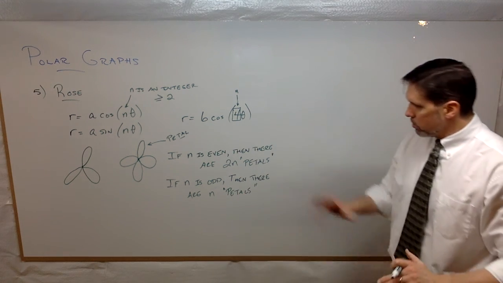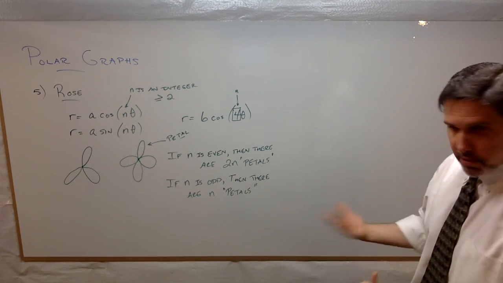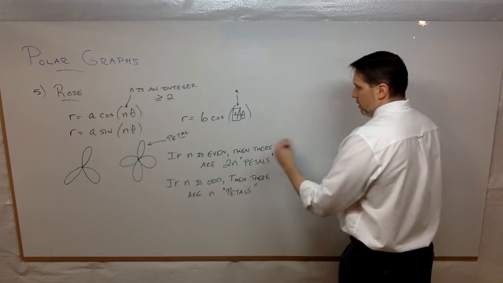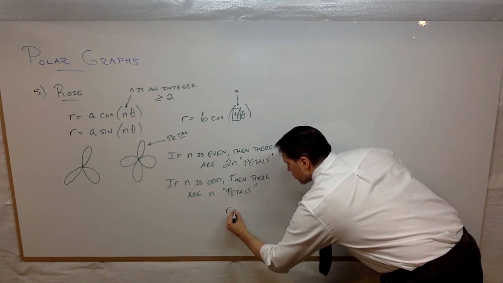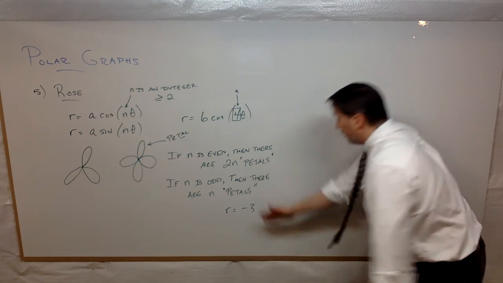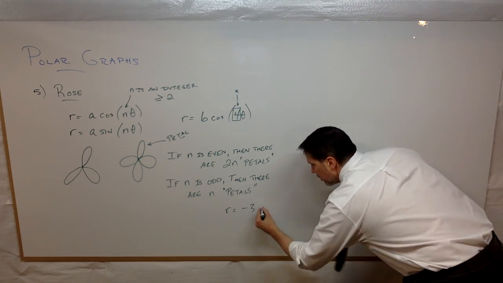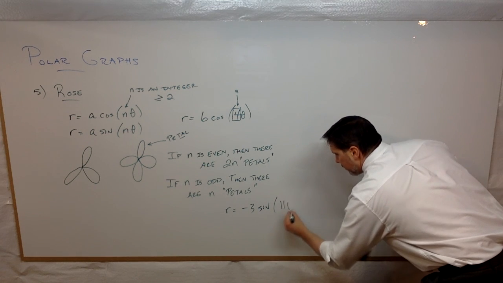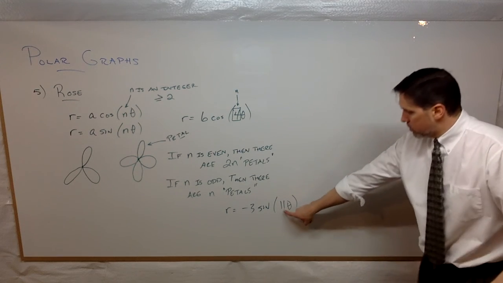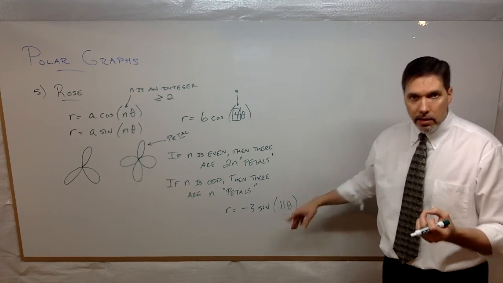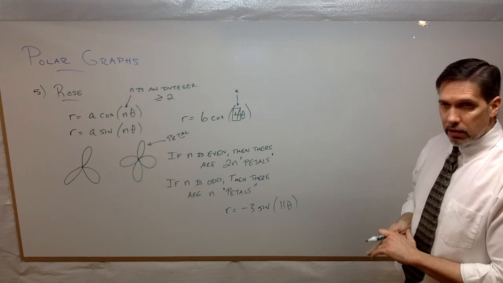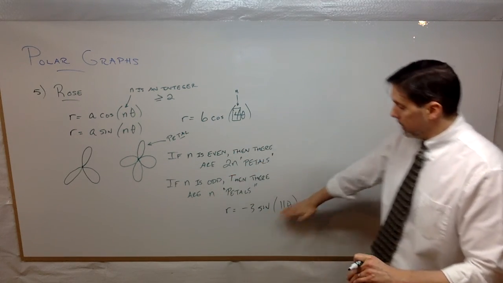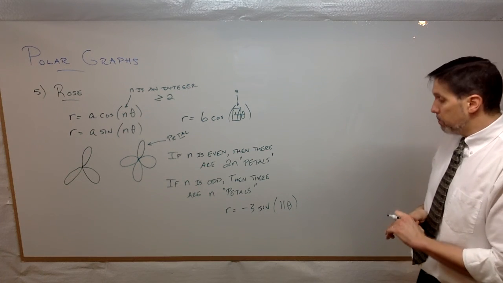If I had r equals, you can even throw a negative in for the a, it doesn't matter, and we'll do a sine this time, sine of 11 theta. Since 11, the n value, is odd, this rose is going to have exactly 11 petals. So if it's even, you double it. If it's odd, it's the same number of petals.